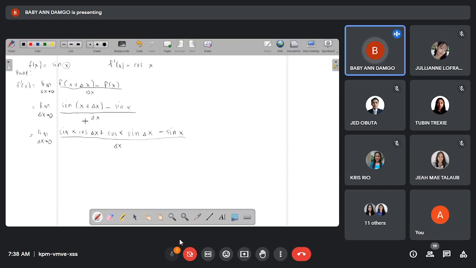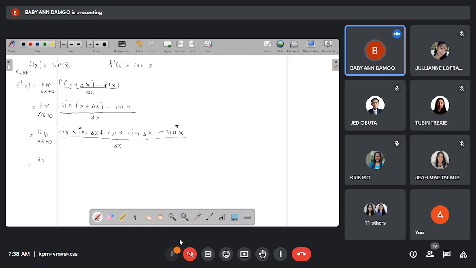So, kung gibuhat ra ni class, kay ato rang gigamit ang sum of sine identity nga atong i-discuss ganina. Okay? So, diri, pwede na natong makombine kay pwede tang maka-factor out sa sine.